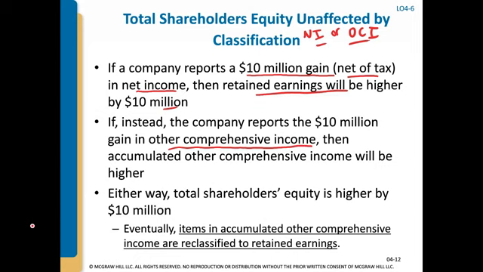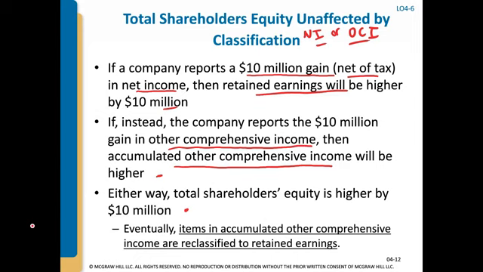There's a very specific transaction that falls into other comprehensive income. But if a company has $10 million gain in other comprehensive income, then the accumulated other comprehensive income will be higher. And either way, your total shareholders' equity is higher by $10 million.